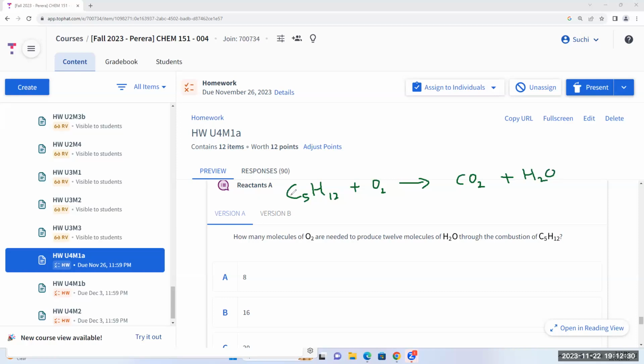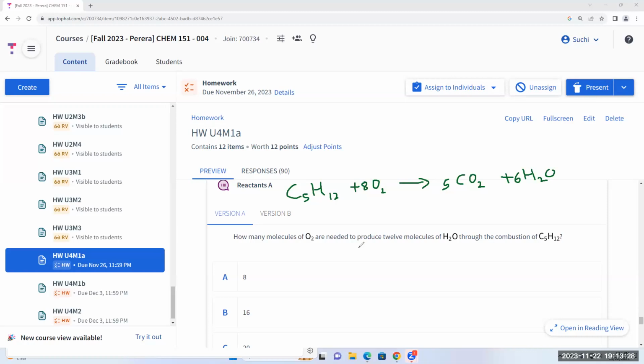We have 5 carbons on the reactant side, so we need 5 carbon dioxide. We have 12 hydrogens on the reactant side, so therefore we need 6 H2O. Now we have 2 oxygens on the reactant side, but on the product side we have 5 times 2, 10, plus 6, 16 oxygens. Therefore I need to multiply this by 8.